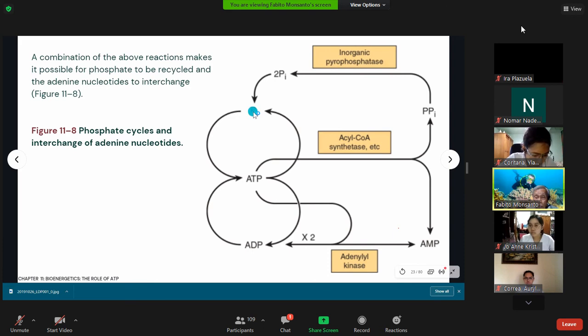And these inorganic phosphates then can be utilized to form ATP again. ADP plus a phosphate becomes ATP.